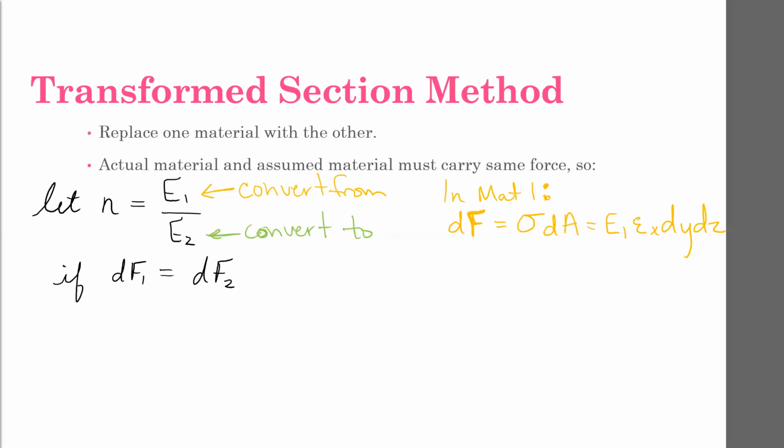In the new configuration, E1 is going to be replaced by E2. The strain will be the same for any particular location, but it'll have a new E value. And if it has a new E value, that means in order to keep this in equilibrium, we need to also change the area, correct?